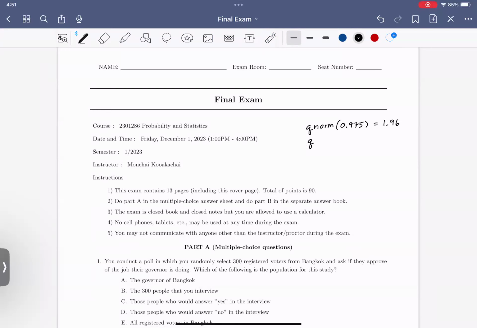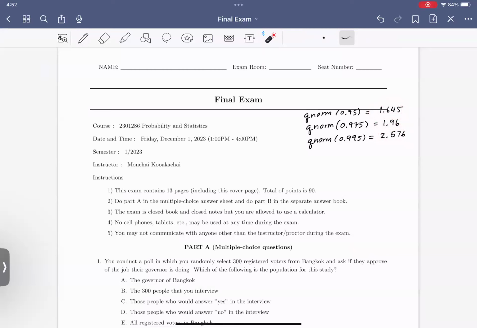And also I give you qnorm 0.995, for example, to be 2.576. And also I have qnorm 0.95, which is 1.645. These numbers are given on the exam, so you don't need to memorize them, but you're going to use all the numbers as you do the exam.